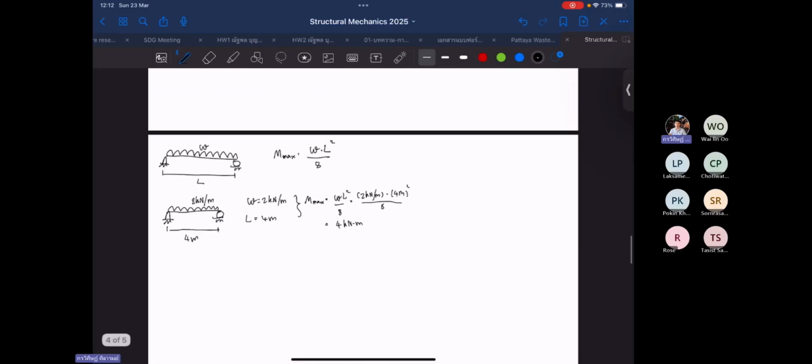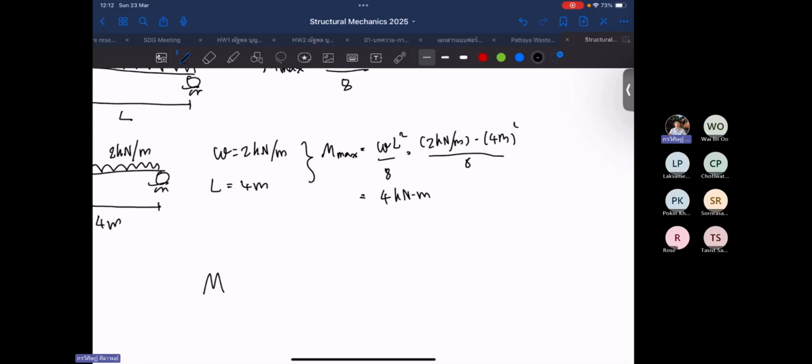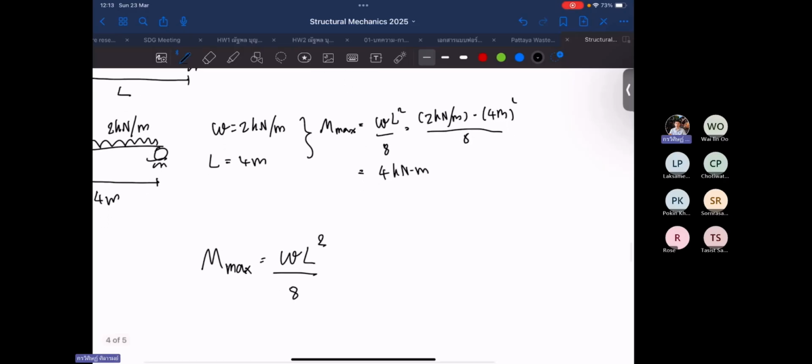I would like to add another look at this one. You can see that the maximum bending moment is equal to omega L square divided by 8. In other words, if you increase the span length by 2 times, you do not double the maximum bending moment.